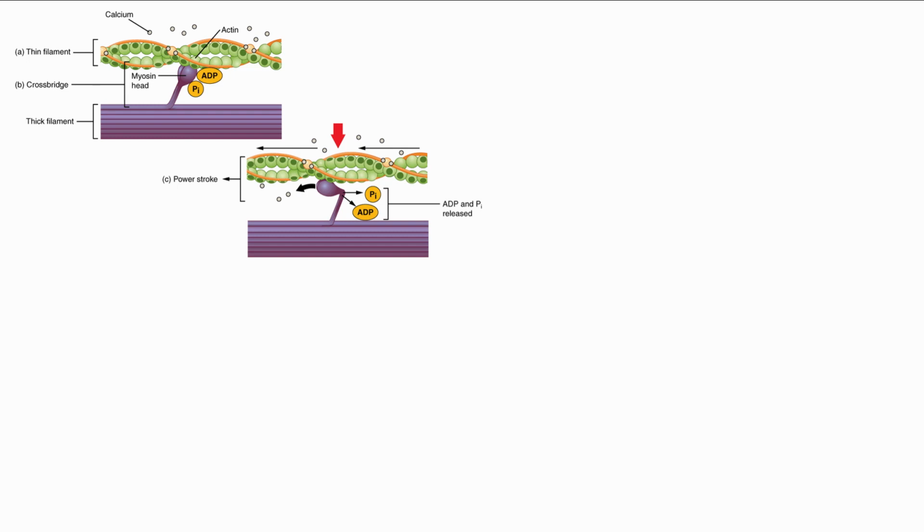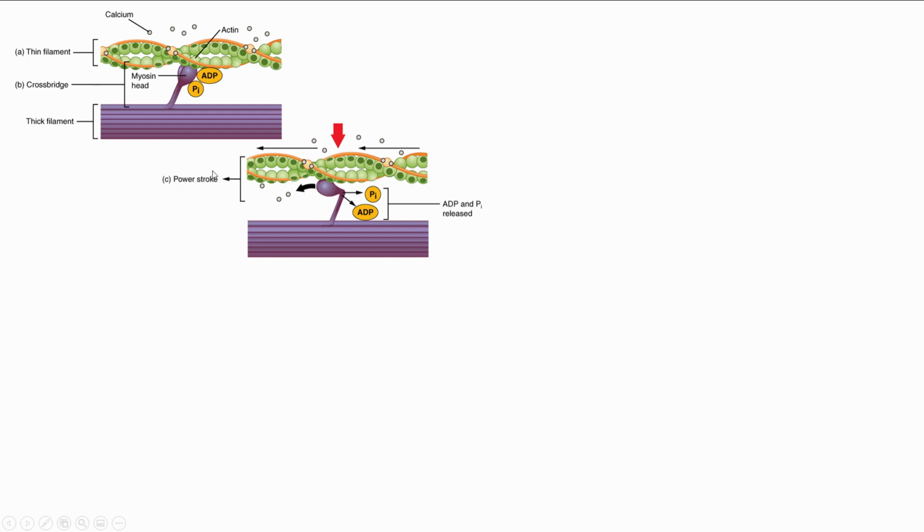When they leave the crossbridge site, notice how the myosin head has moved. The myosin head is now in the power stroke. What that means is the myosin head has moved from over here in this direction. It's pulled this tropomyosin and this actin and this troponin, the entire thin filament basically, has been pulled along.